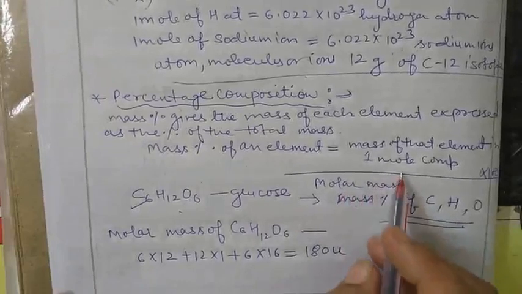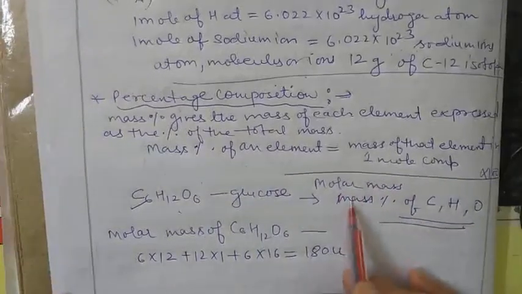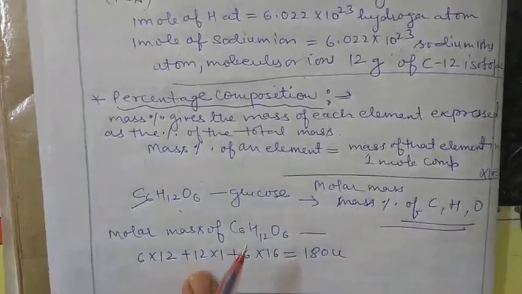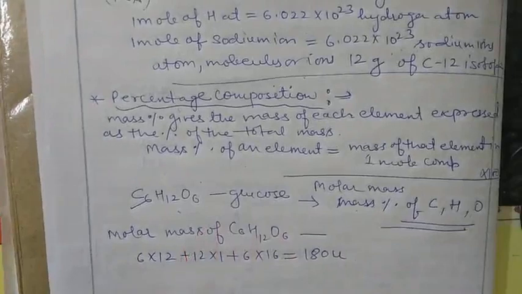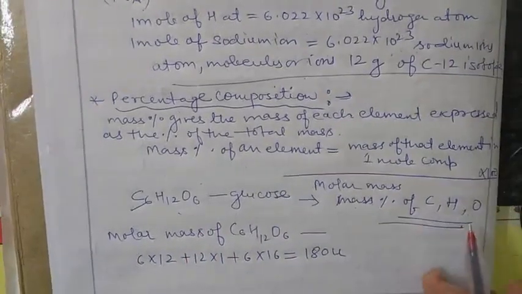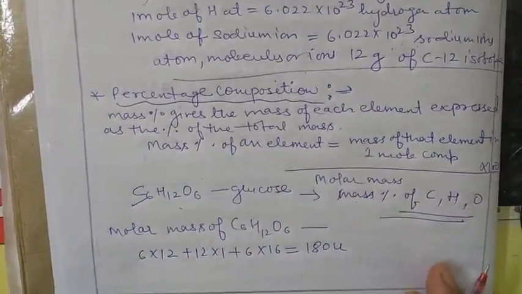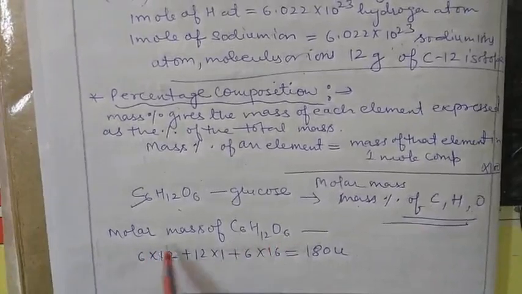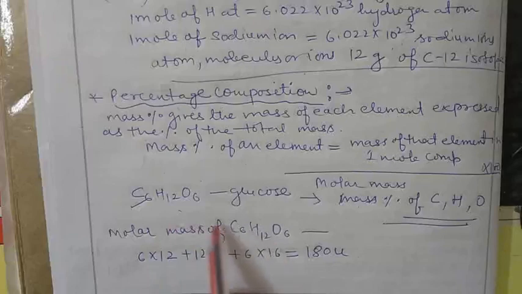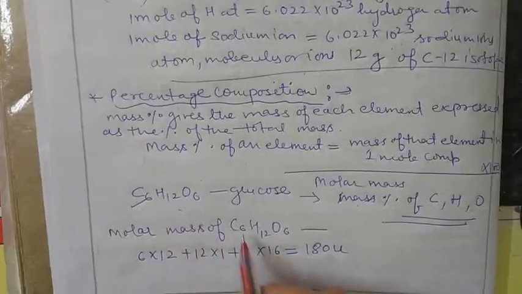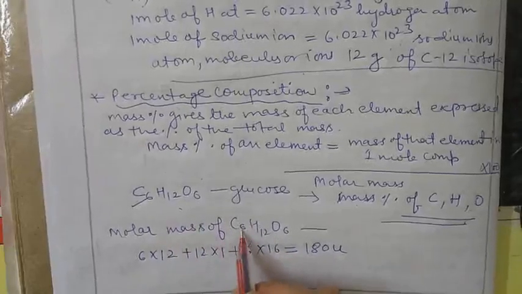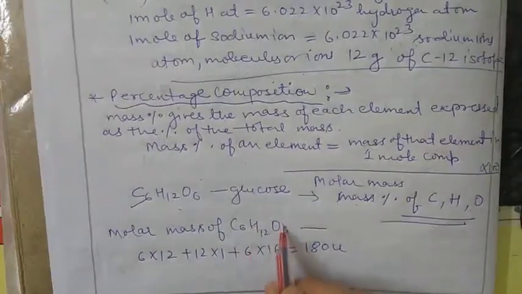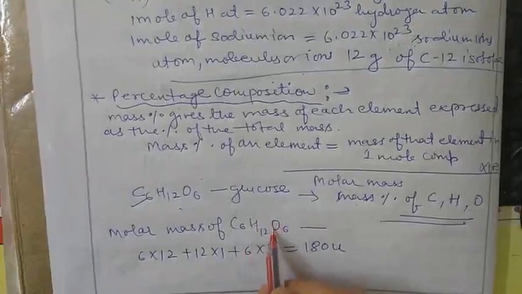Okay, so now calculate the mass percentage of carbon, hydrogen and oxygen one by one. We can't calculate it in a combined form. We have to calculate in a separate manner. Clear? The formula C6H12O6 shows that there are 6 carbon atoms, 12 hydrogen atoms and 6 oxygen atoms.